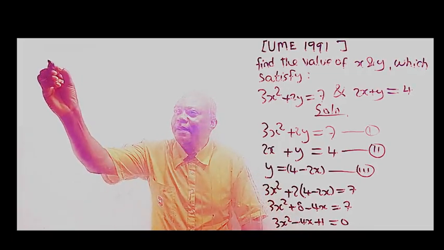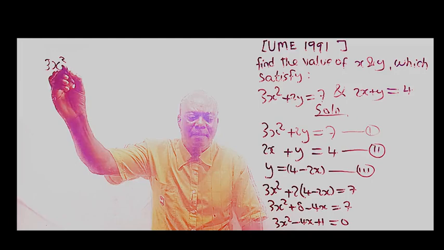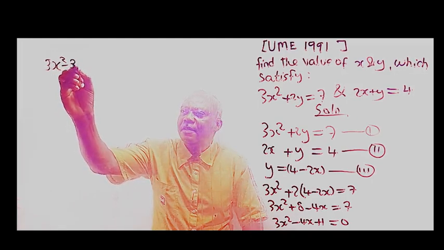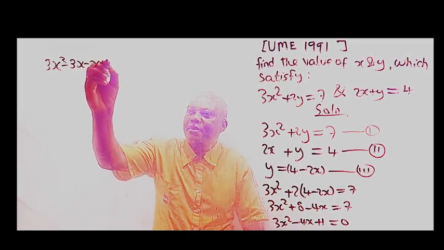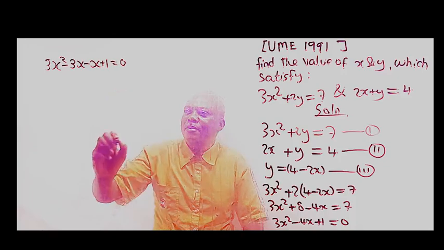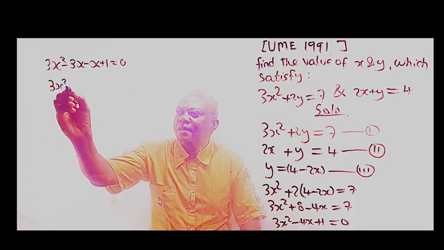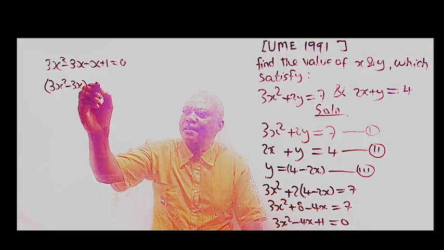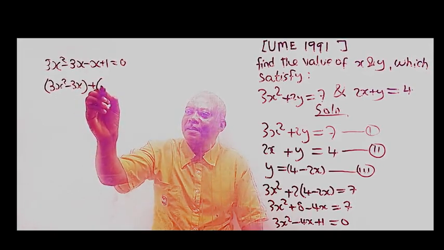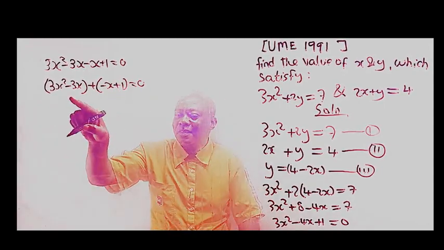So you have 3x squared minus 3x minus x plus 1 equals to 0. So you bracket them, 3x squared minus 3x in bracket, you now add with minus x plus 1 equals to 0.